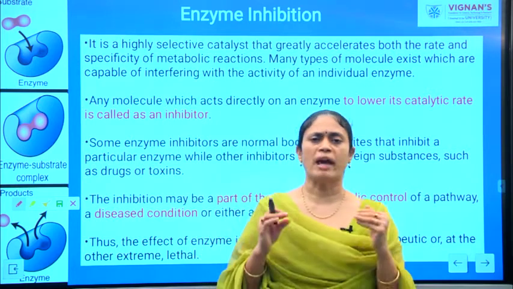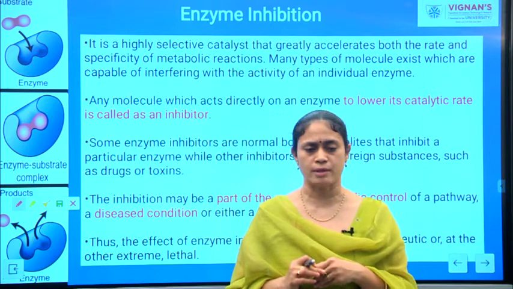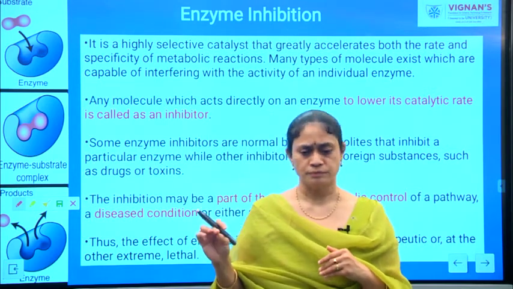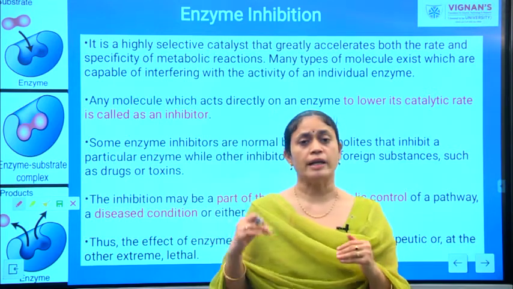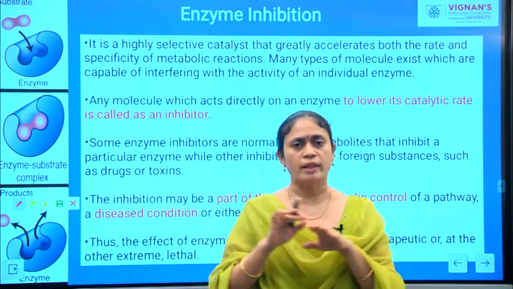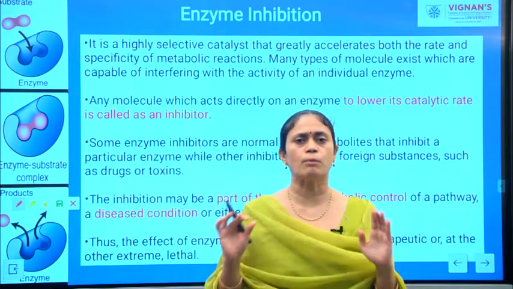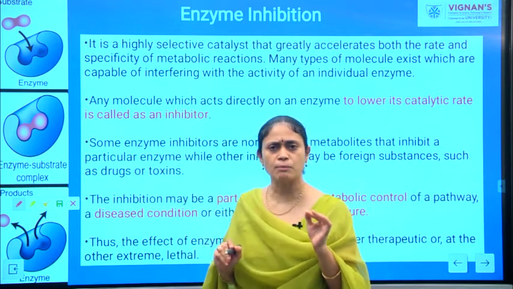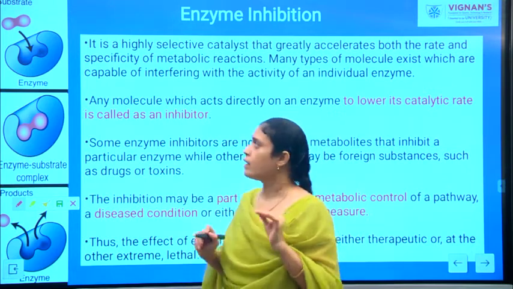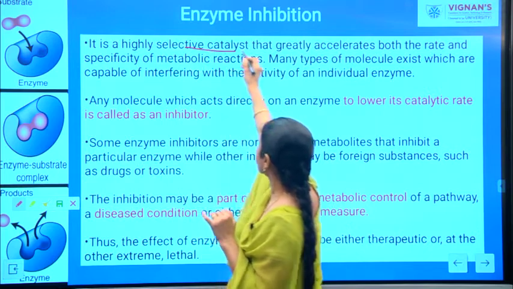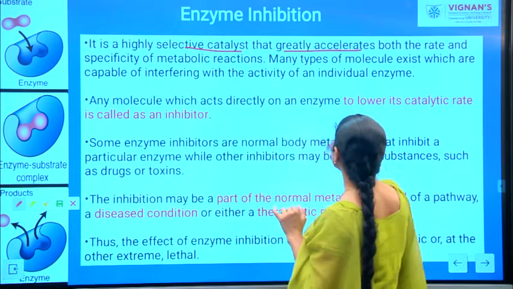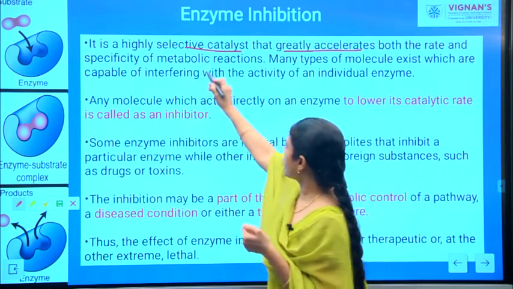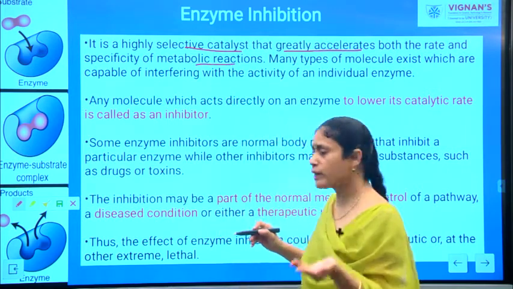The main function of enzymes is to increase the rate of reaction without changing the equilibrium of the reaction. A very important property of an enzyme is its specificity. Enzymes are highly selective catalysts that greatly accelerate the rate of reaction, increasing the rate of metabolic reactions.